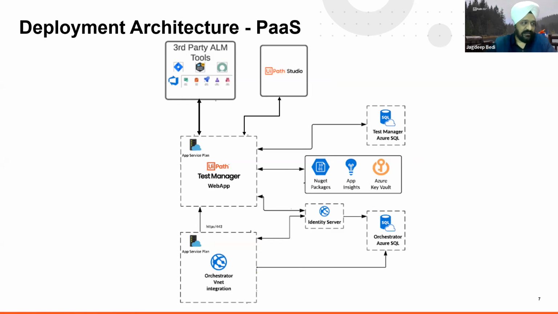The test suite has four main components: one is test manager, one is Studio, one is orchestrator, and finally the test robot. The test robot runs the automation, whatever use cases or test cases we create using Studio, whereas orchestrator orchestrates and test manager manages the test cases.